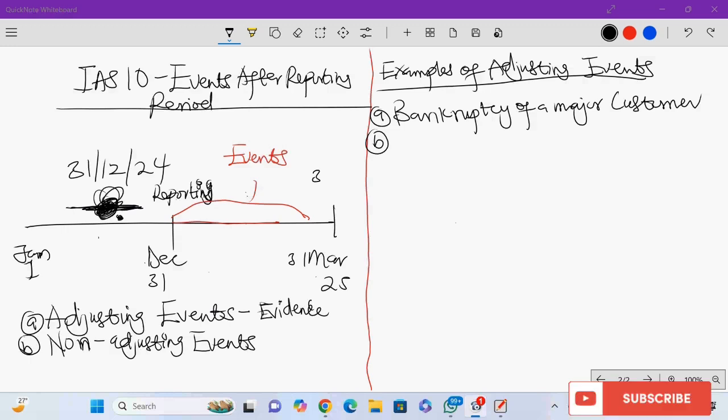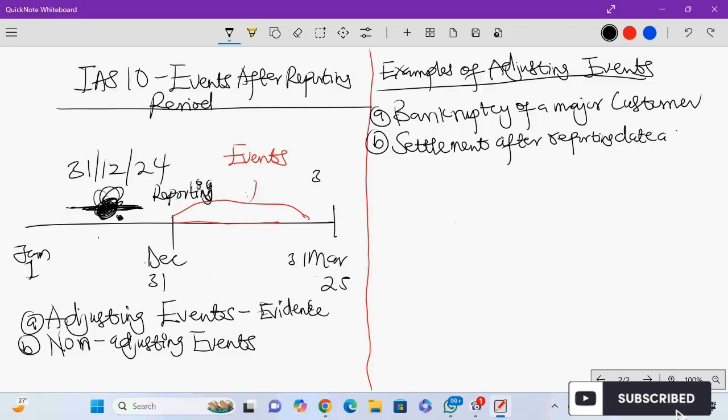And the second example I can give is settlement after reporting date of a court case.